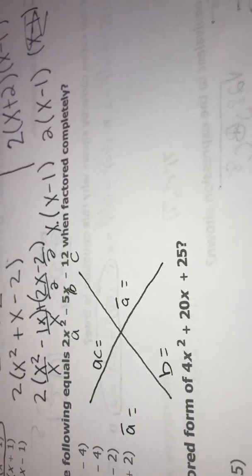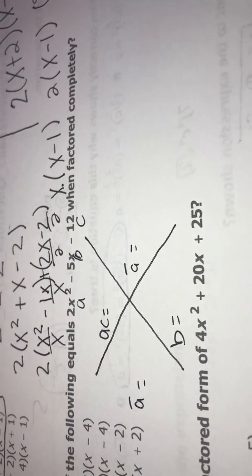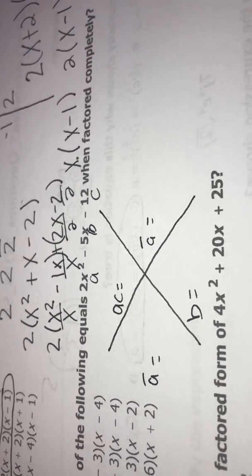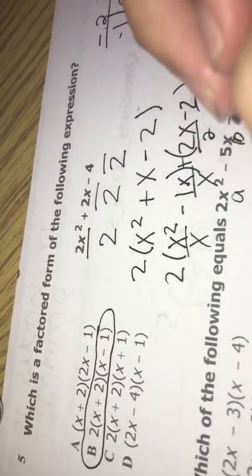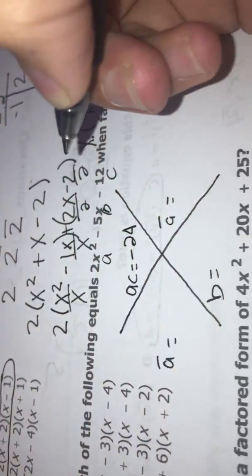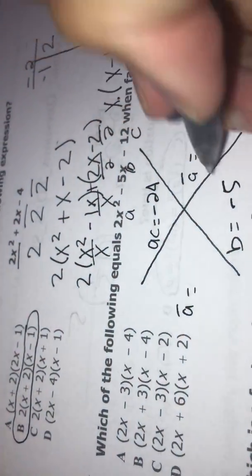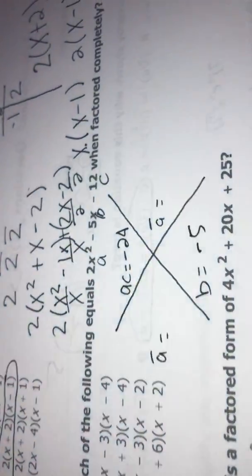So AC is negative 24 because it's 2 multiplied by negative 12, the A and C terms. So we get negative 24. And B is negative 5. And the over A terms are what we'll come back to in a minute.